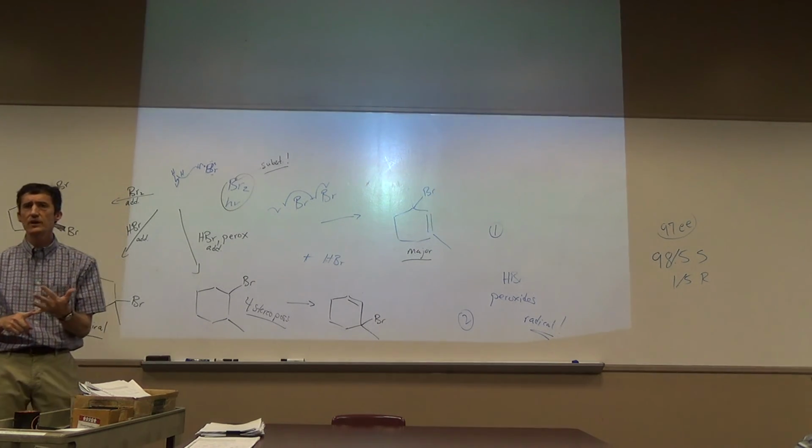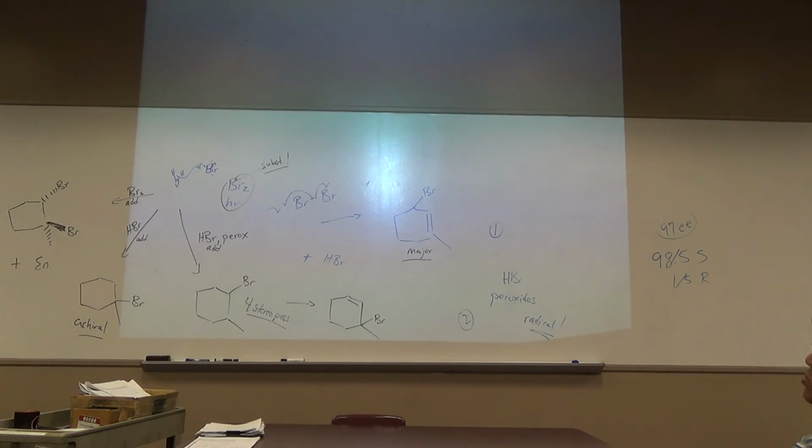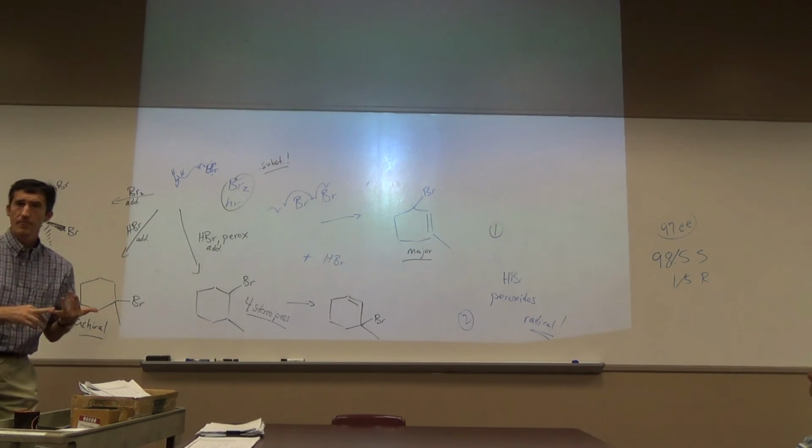Okay, final exam: just like regular tests, you have some nomenclature. We had nomenclature on each exam. Some multiple choice, predict the products, maybe give a reagent, or maybe give a starting material. Mechanisms.